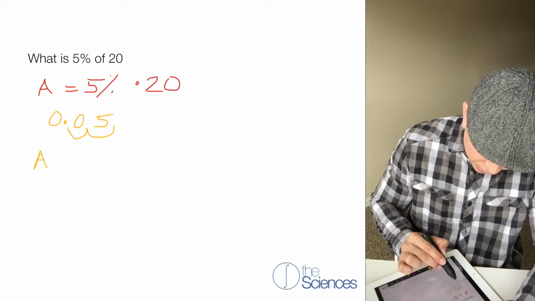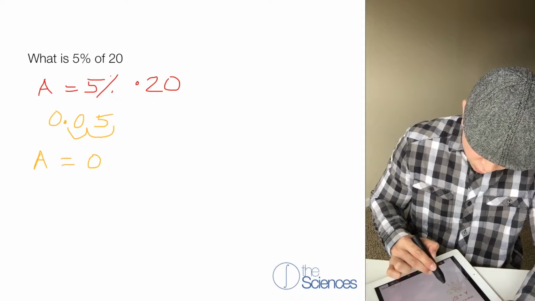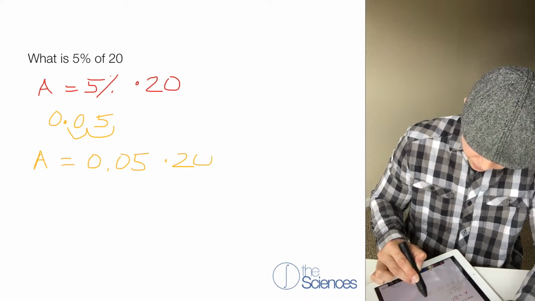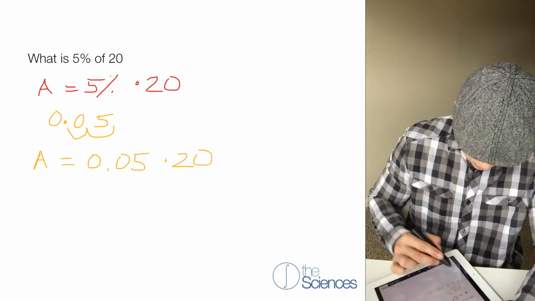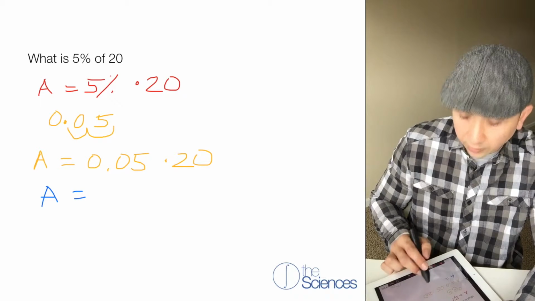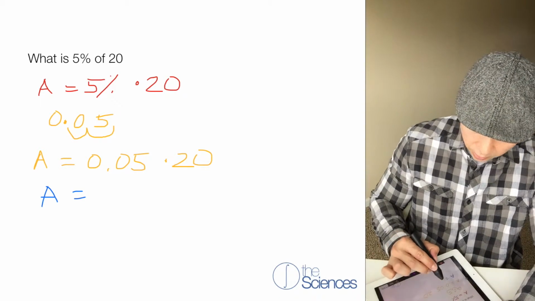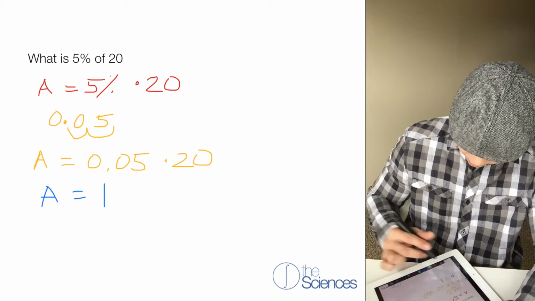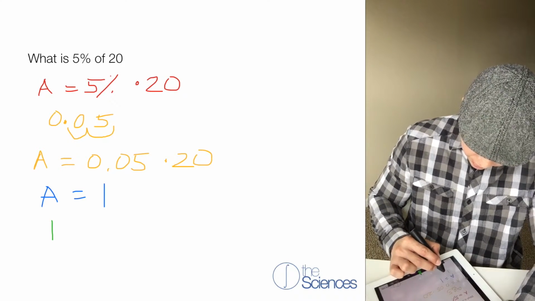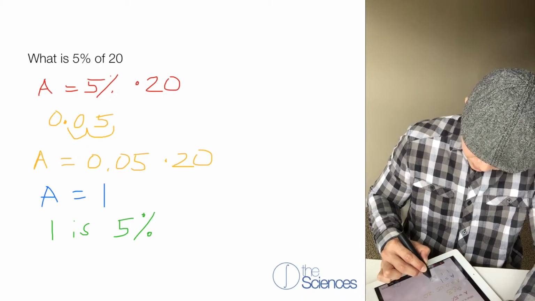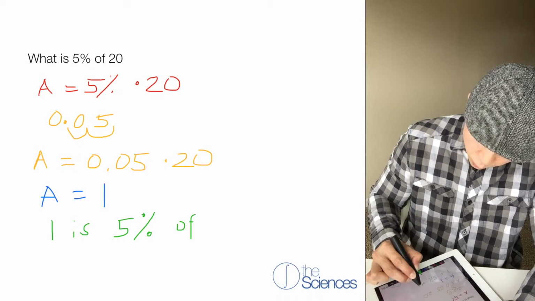So now we have A equals 0.05 times 20. So A equals 1. So now we have 1 is 5% of 20.